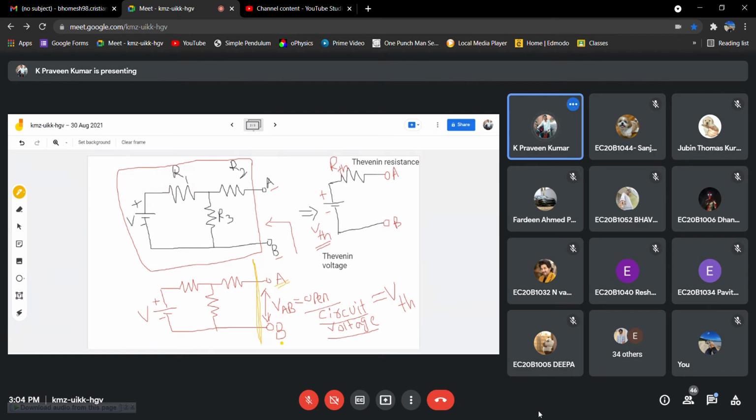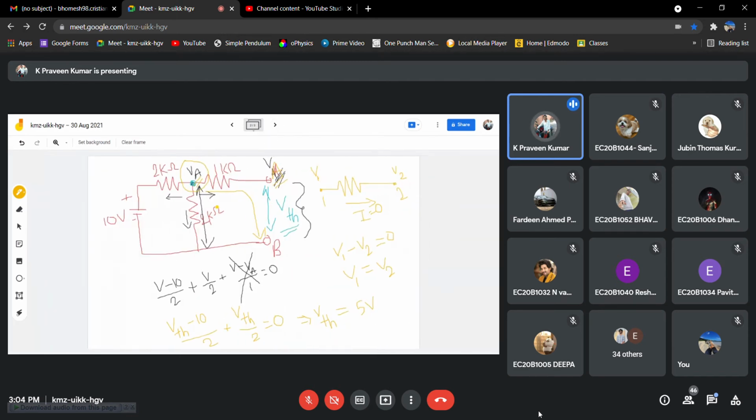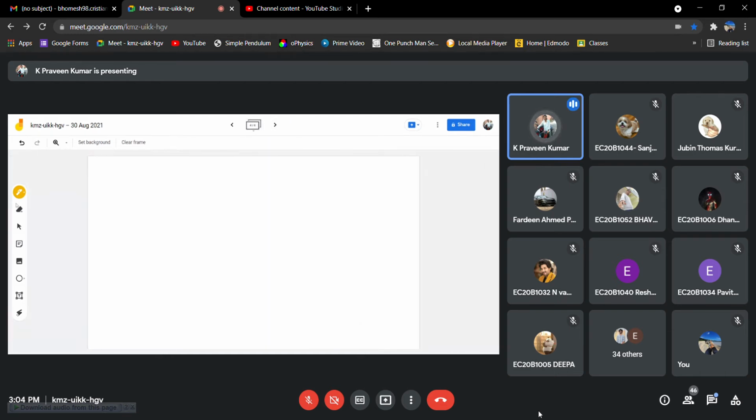We use our simple KCL and KVL laws to calculate this open circuit voltage, and that open circuit voltage is VTH, that is 5 volt. Now, how to calculate RTH? We can calculate RTH in two ways, and I will explain both.